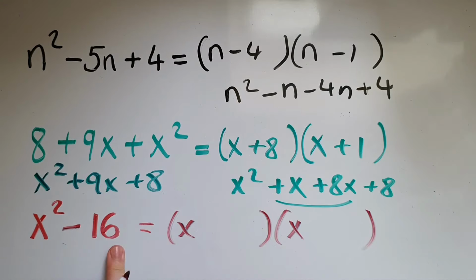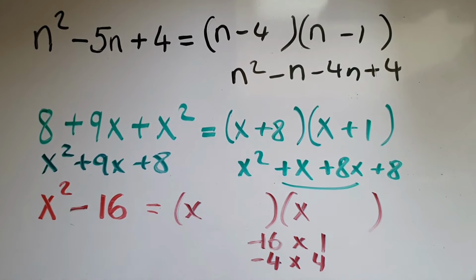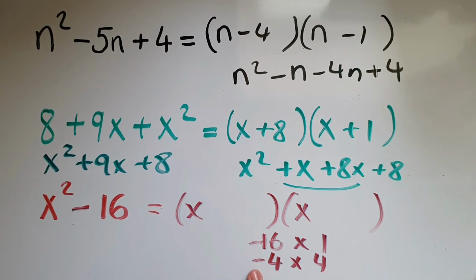So negative 16. What do we need to multiply to give us negative 16? It could be negative 16 times 1, or negative 1 times 16. It could be negative 4 times 4. And that is the pair of numbers we're going to use, because when you add negative 4 and 4, it gives us 0.